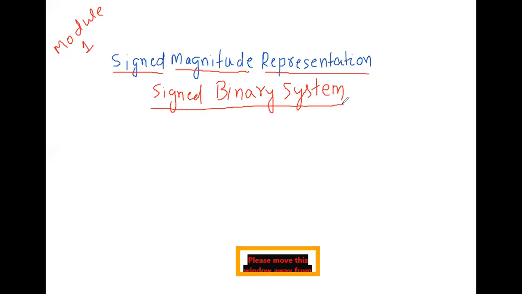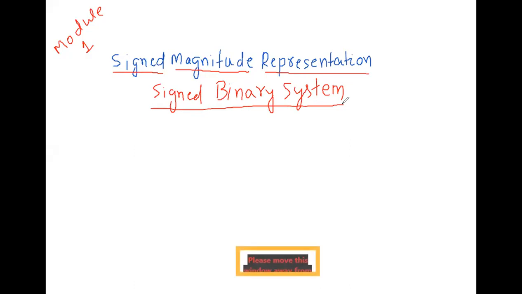It means how to assign a positive or negative sign to a binary number. So obviously this is different from the binary system we discussed, in which there was no negative sign.